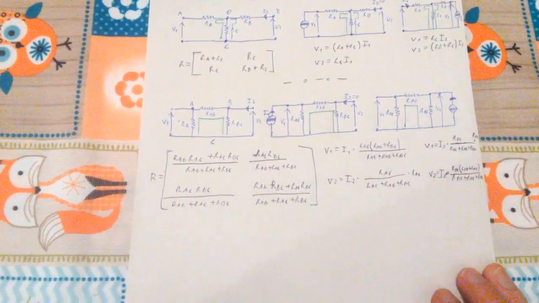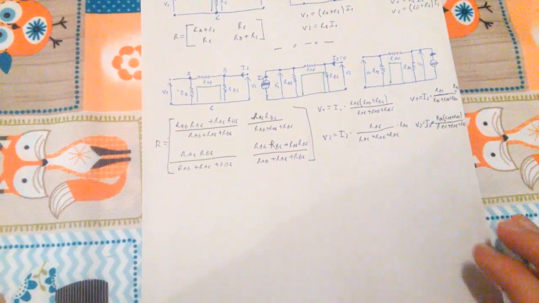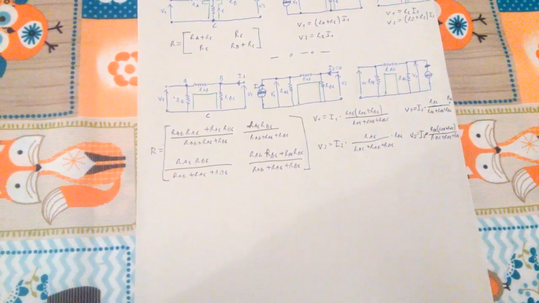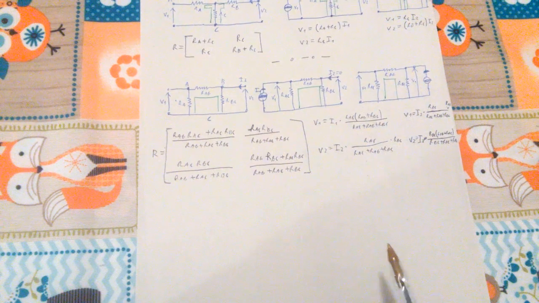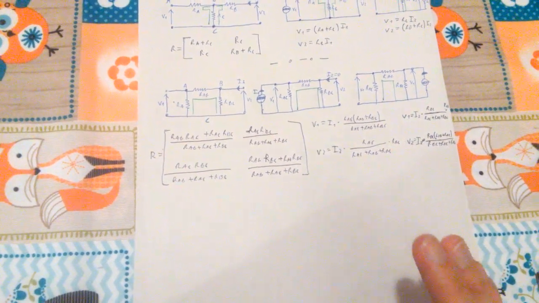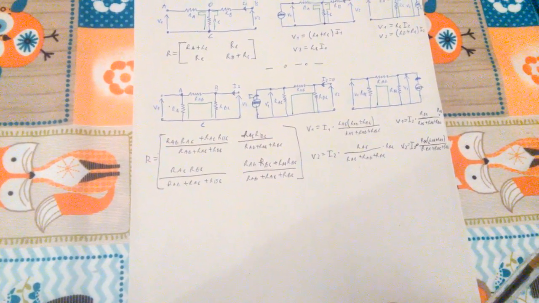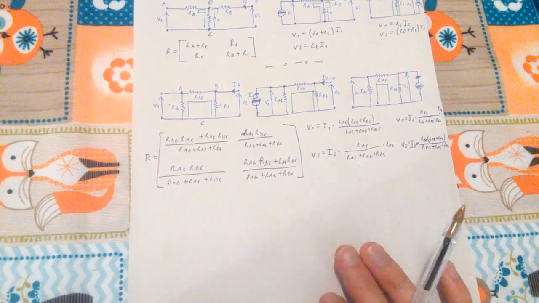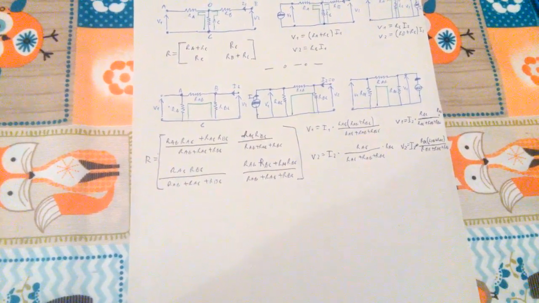Okay. Now, a double bipole at T and a double bipole at pi can be the same if their matrices RT and RM are the same.